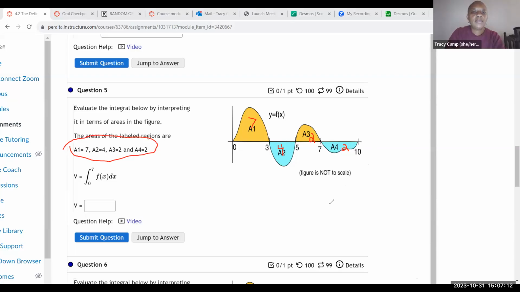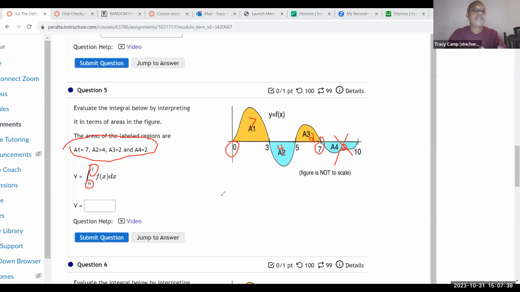We're finding the area from 0 to 7. So I think the main thing they want is to know, first of all, that you're starting at 0 and you're ending at 7. So I can just ignore this over here. I don't have to worry about this because that's after the 7.